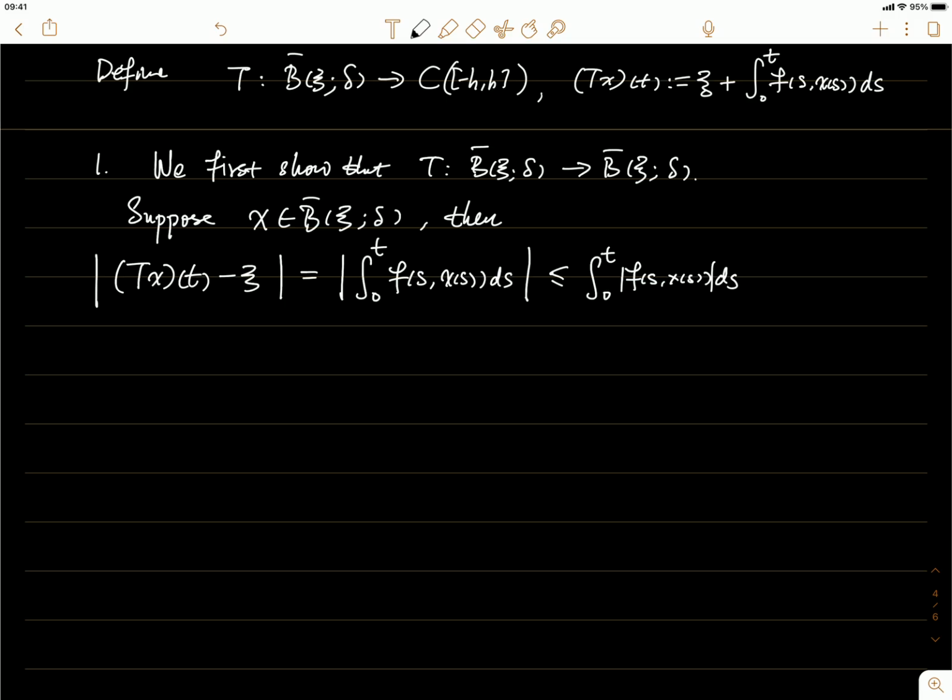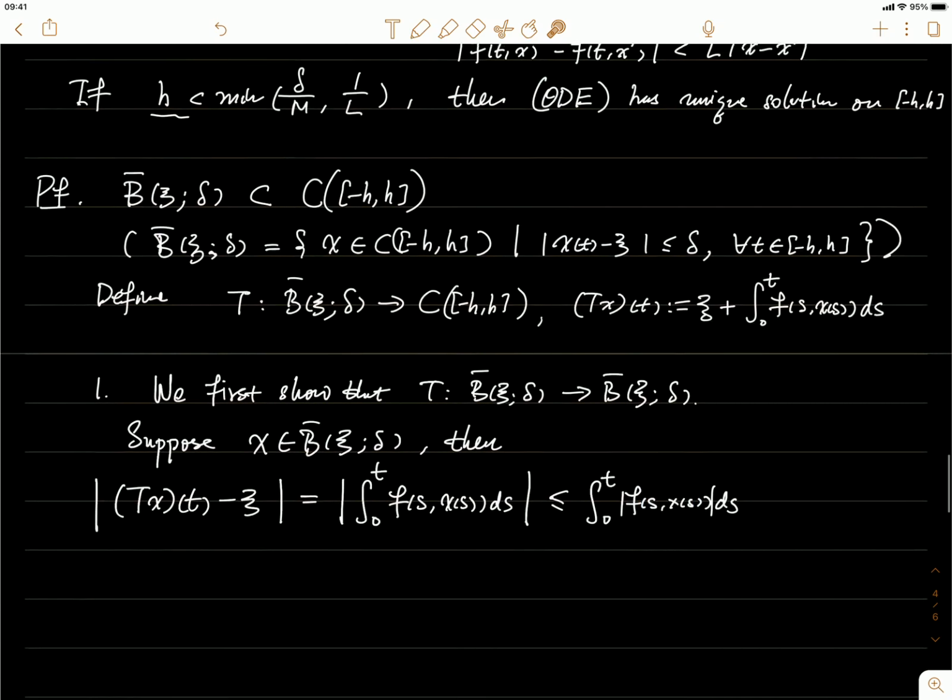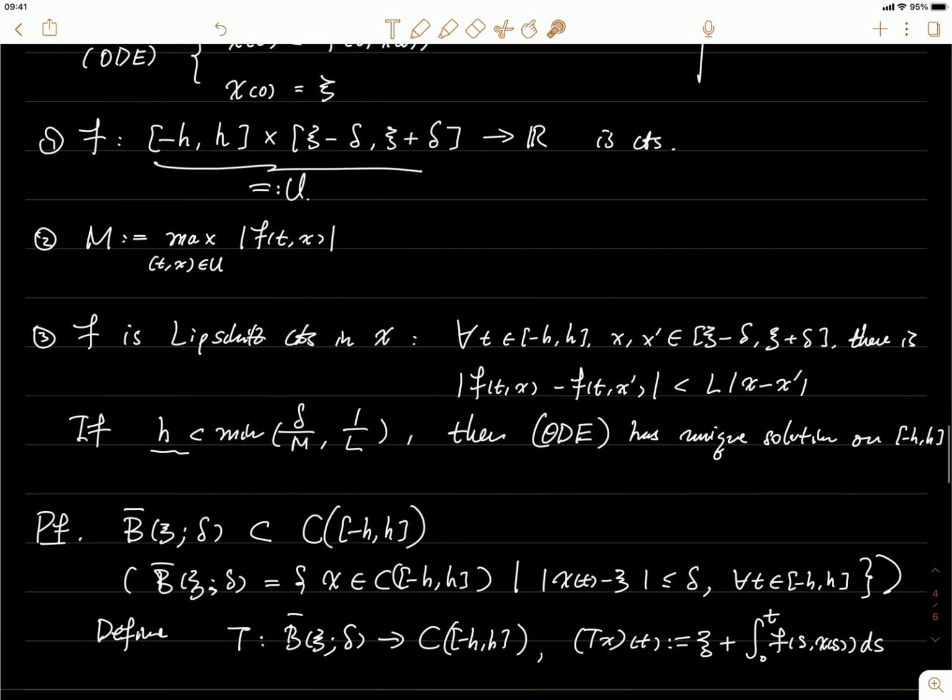Okay, and because s is between 0 and t, and t is between negative h and h, we know that s is between negative h and h. And since we know that x is a point here, it doesn't matter what this s is, the distance from x(s) to c is always less than delta, and that means no matter what s is, this point is always in this U. It's always in here, okay?